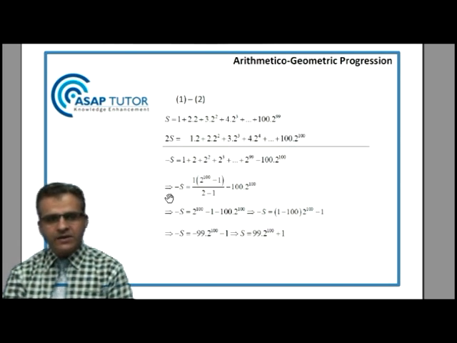Now adding it here, we see that this is 1, then 2, then 2 square, 2 cube, and so on up to 2 raised to 99.